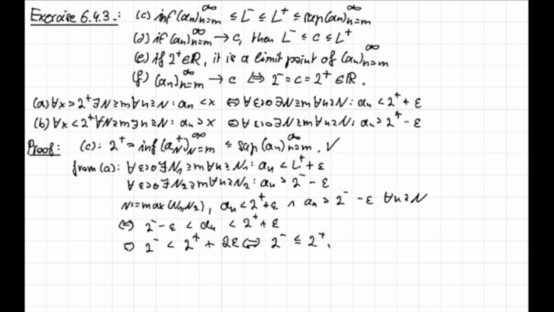You can think of the case that L minus is equal to L plus. This inequality still holds. Take note that this is true for all epsilon greater than 0. So we can't deduce that this is strictly smaller, but it is smaller or equal, and this is exactly what the proposition wants us to prove.